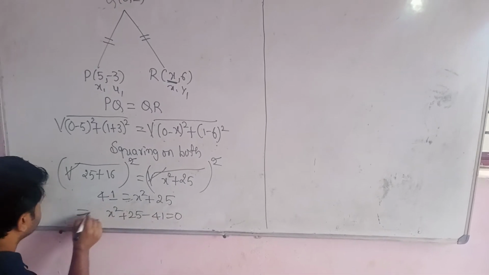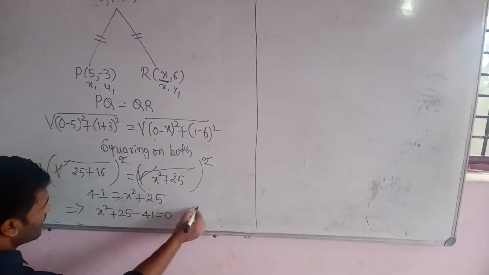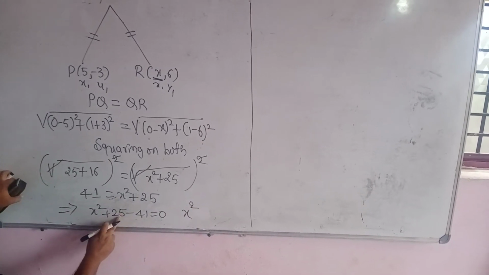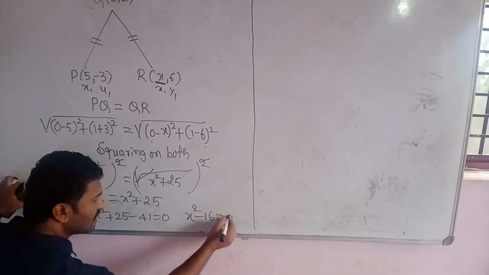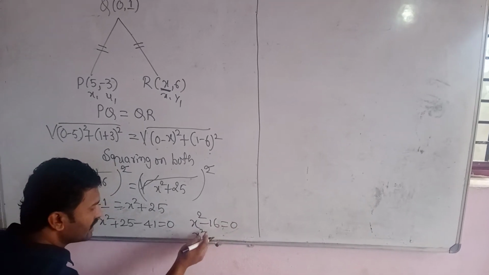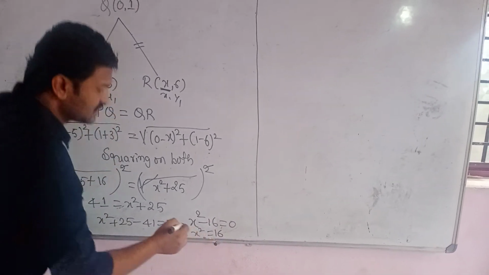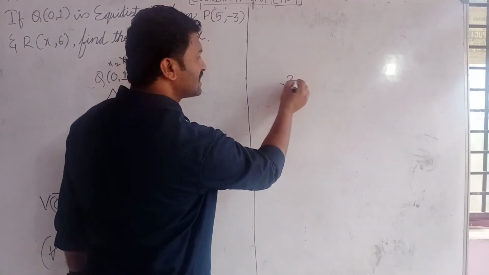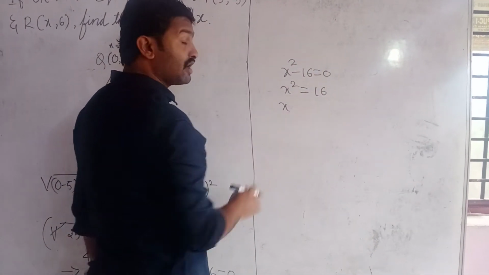Next, how much remains here? x square plus 25 minus 41, minus 16 remains, equals 0. Then x square equals, taking minus 16 to the other side, plus 16. So x square minus 16 equals 0, and x square equals 16.